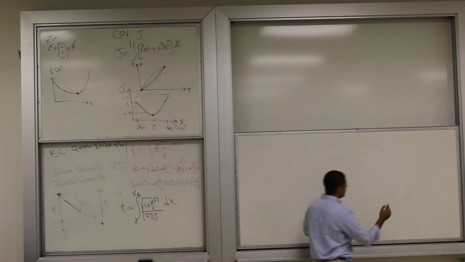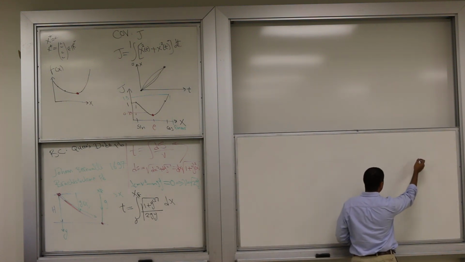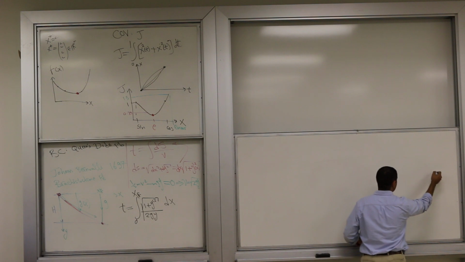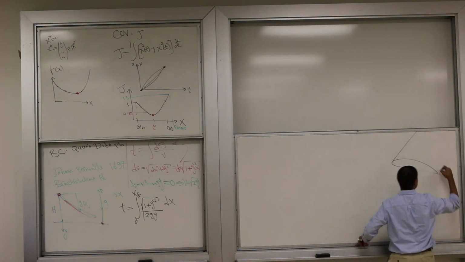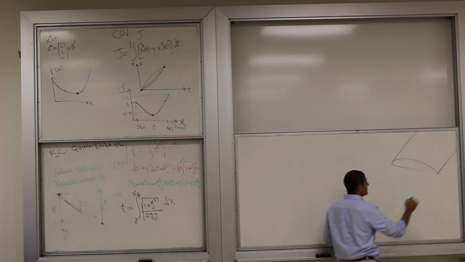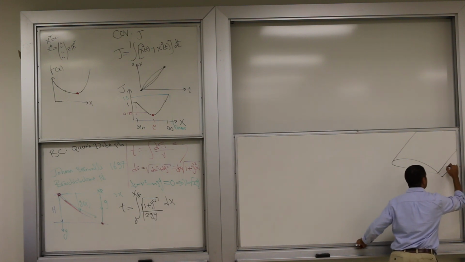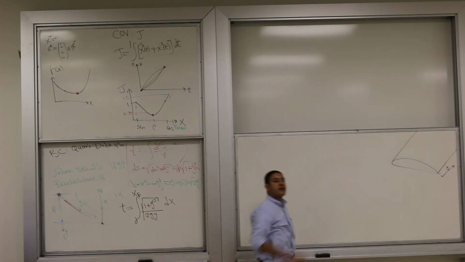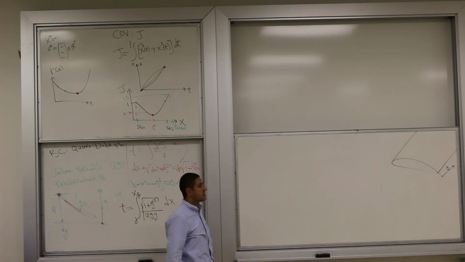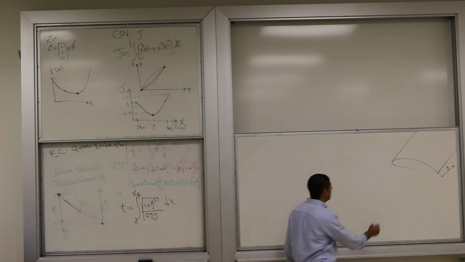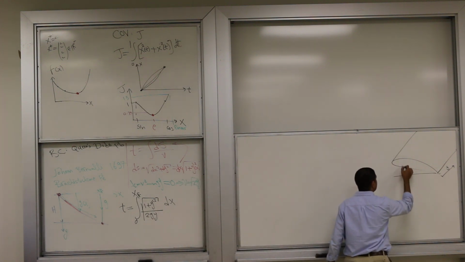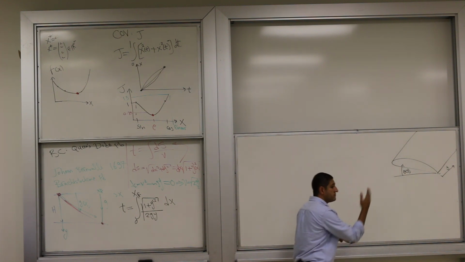Applications, infinite number of applications. You have the wing of an airplane. So this is y, the length of the wing, what we call the span, right? And we have this angle, theta of y.